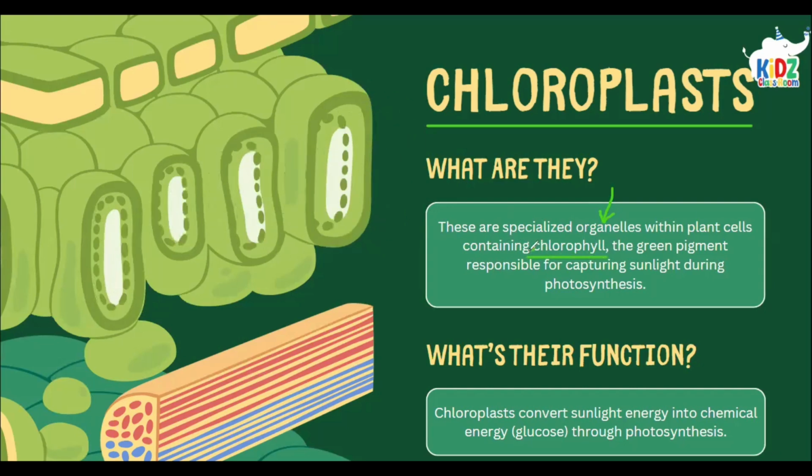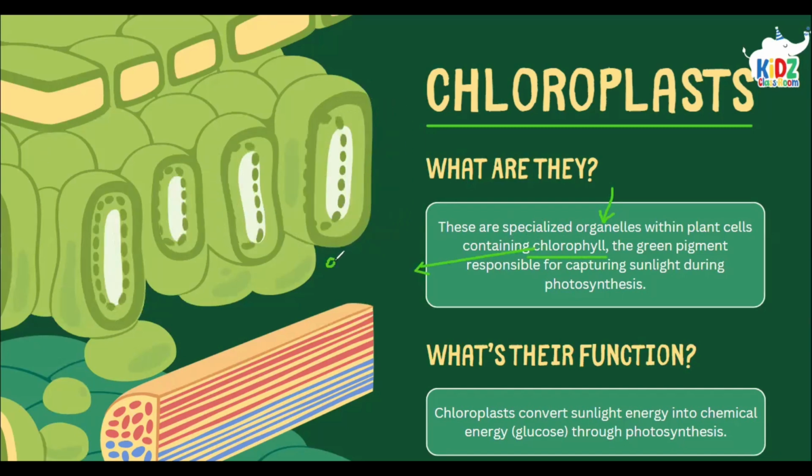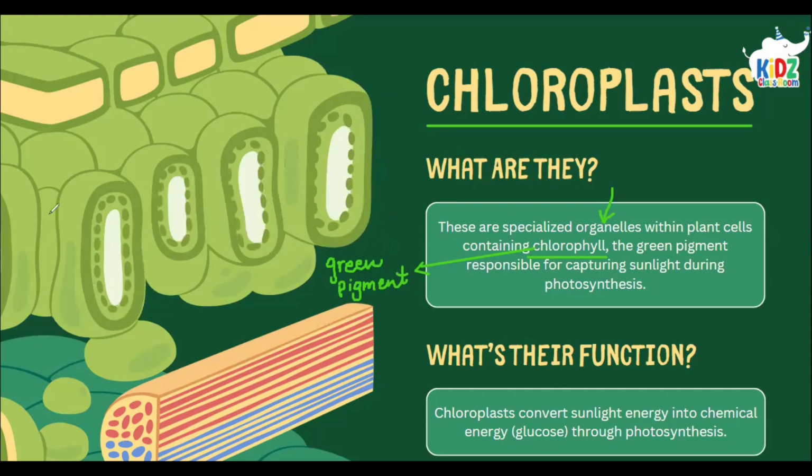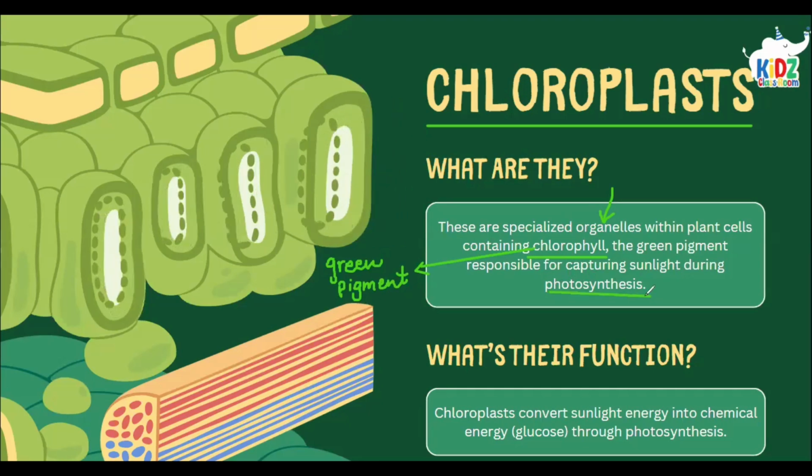What is chlorophyll? Chlorophyll is a green pigment which is responsible for capturing sunlight during photosynthesis.